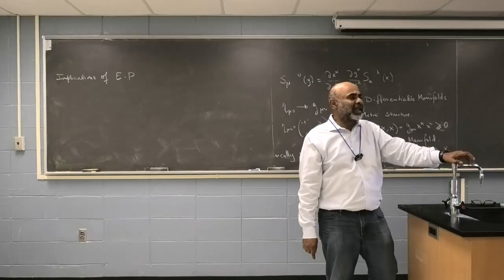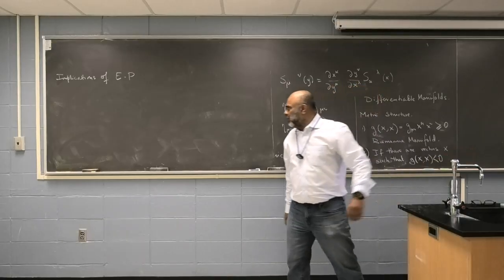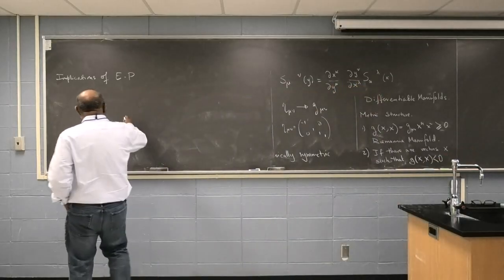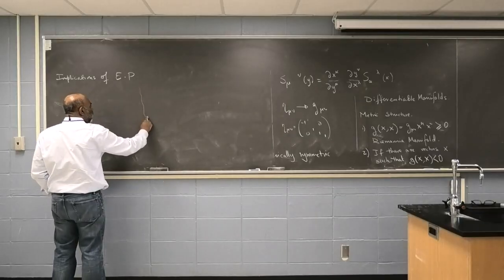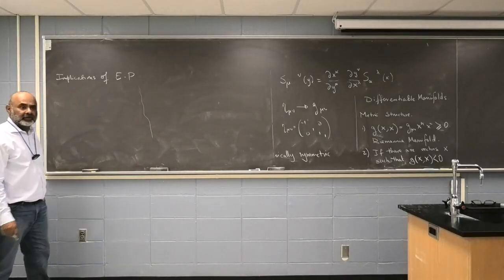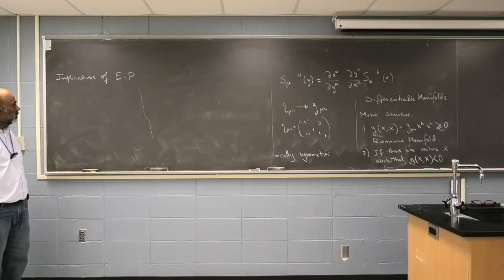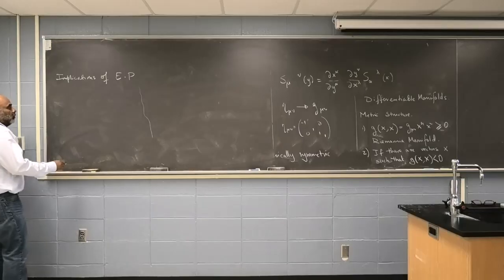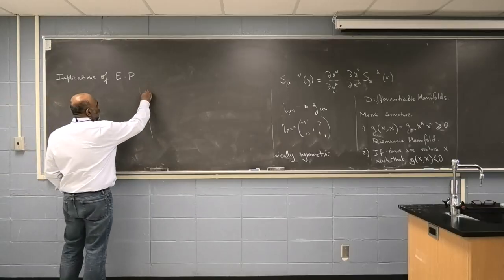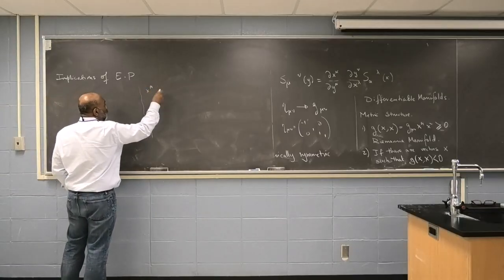Okay. So we will have this in mind, an object just falling freely in a gravitational field. There'll be an x mu, some coordinate system.